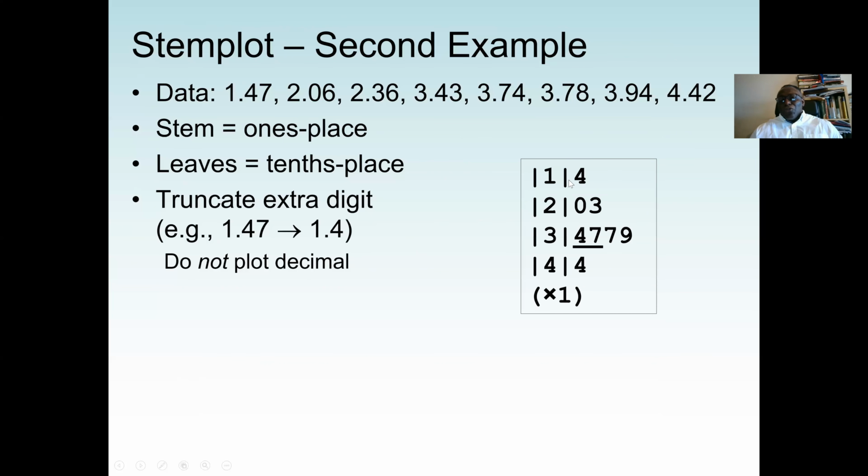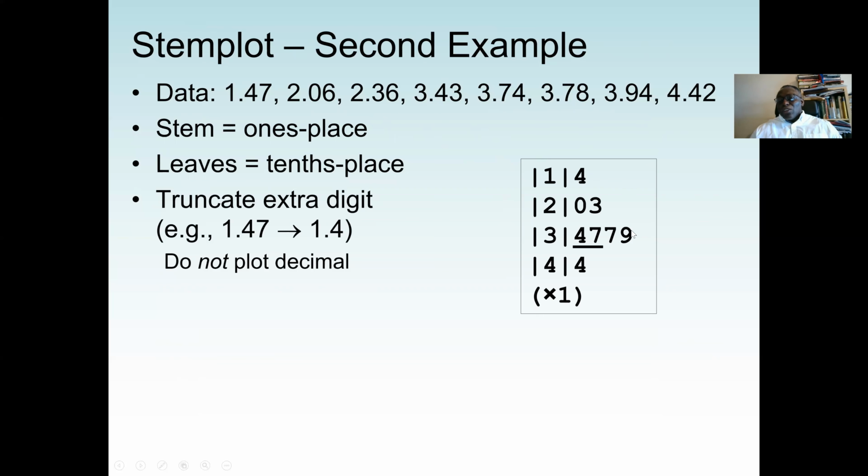So we have 1.4, we have 2.03, 2.06, we have 2.36. So I'll have 2.0 and 3. In 3, we have 3.4, 3.74, 3.78. So we use 7 and 7. So here we truncate each decimal's last digit instead of approximating.